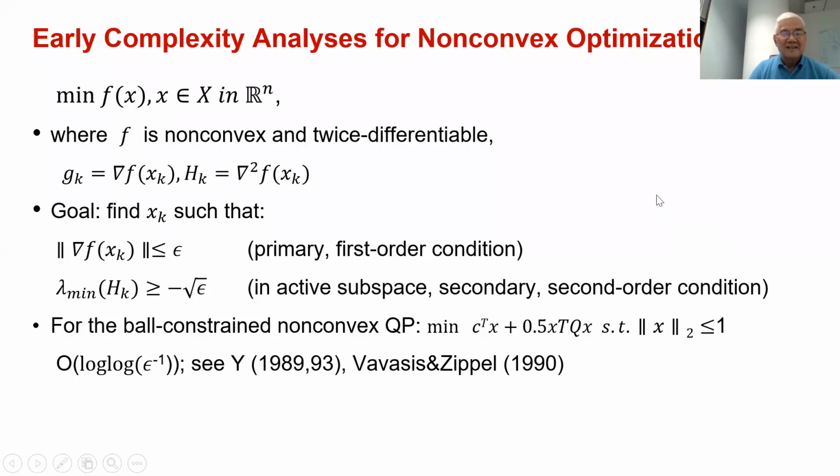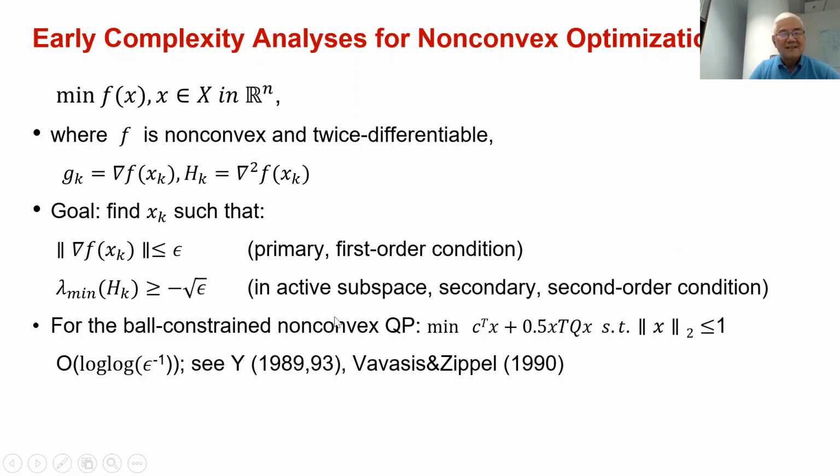For me, analyzing the epsilon-dependent complexity for non-convex optimization only started much later than for convex optimization, especially linear programming problems. As far as I know, in the 90s there were a couple of papers on solving very special types of problems.